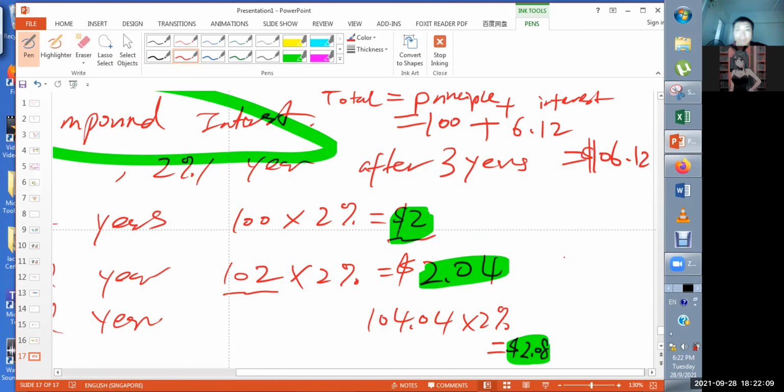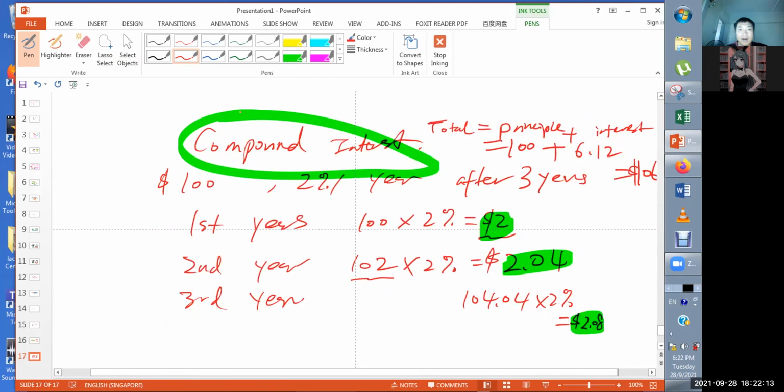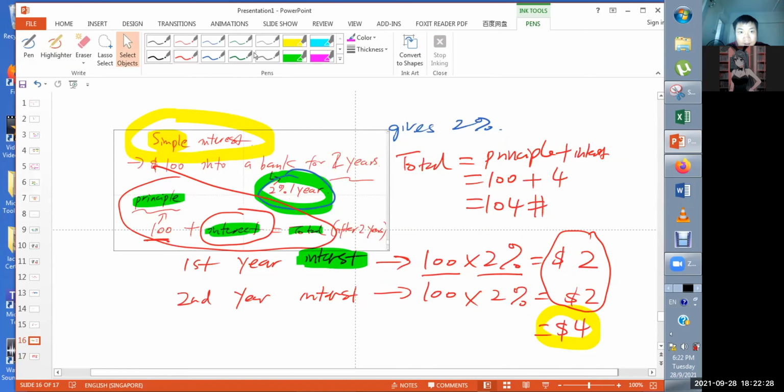So this is compound interest. In compound interest, each year you start with a new starting sum. Simple interest, the sum is always the same, 100.